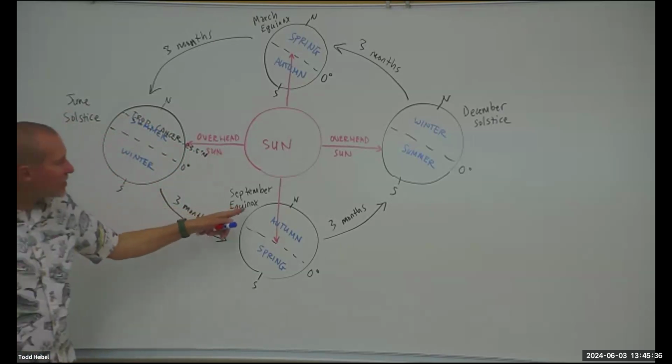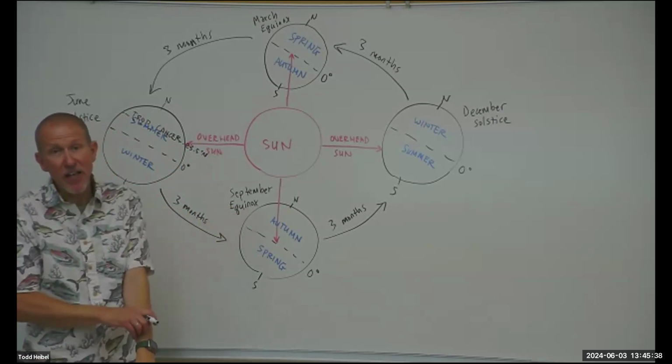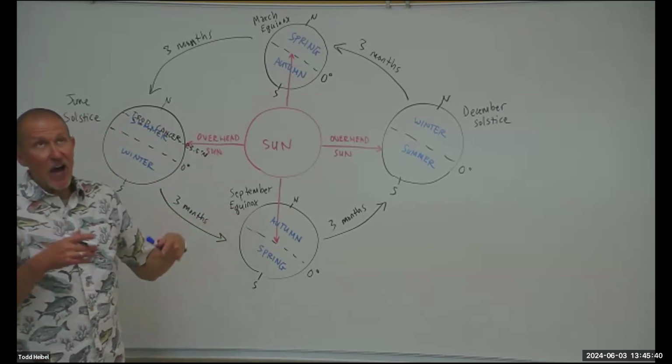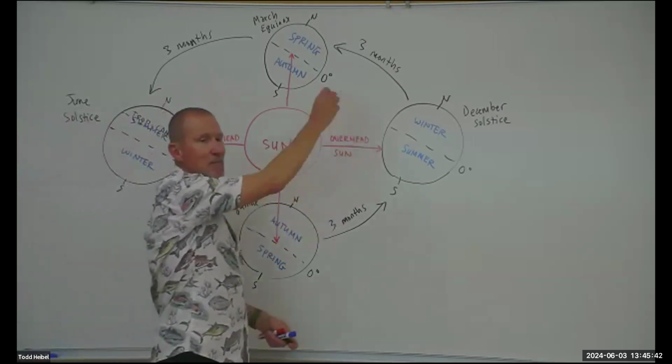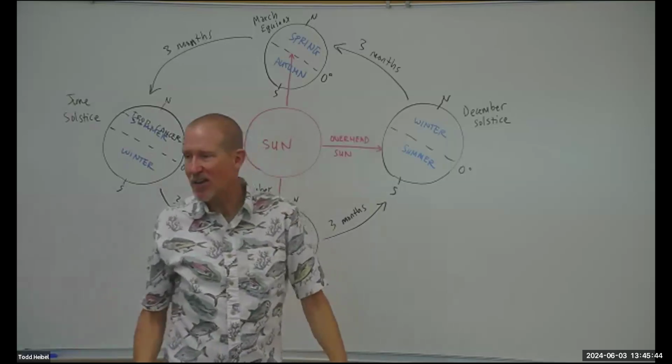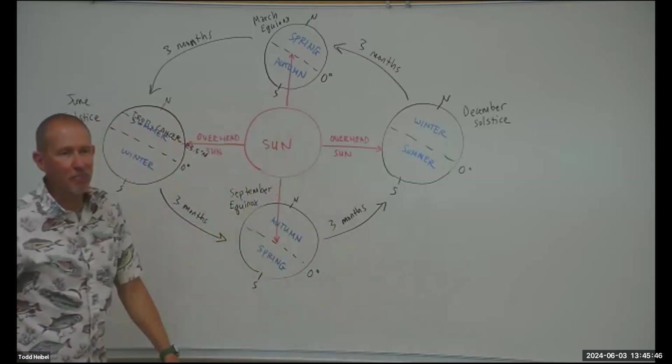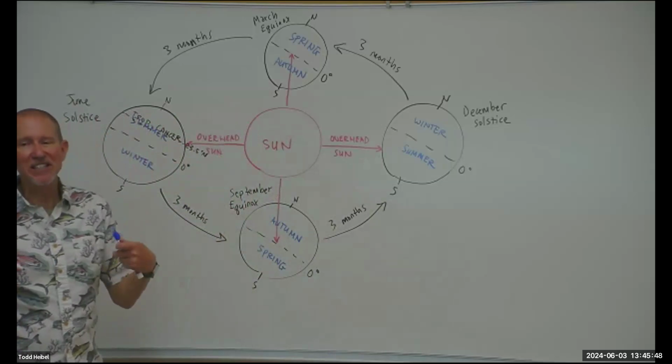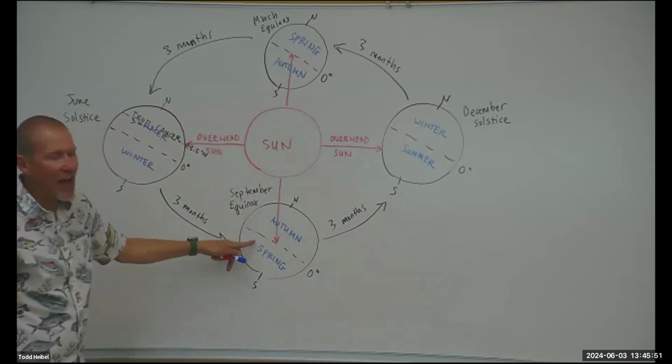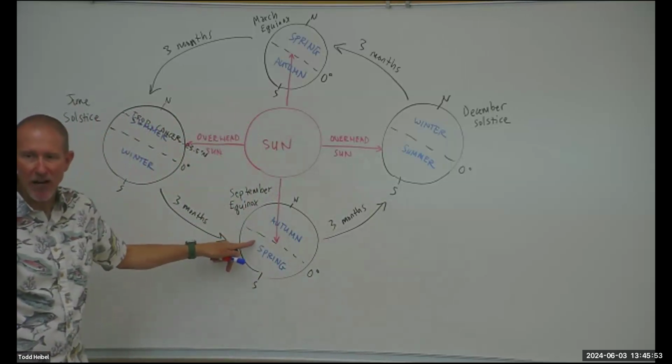How about 3 months later at the September equinox? Now, I'm going to tell you, because I'm trying to show you a three-dimensional diagram here on a flat two-dimensional whiteboard, it makes it really tough to show what's actually happening at the equinox.